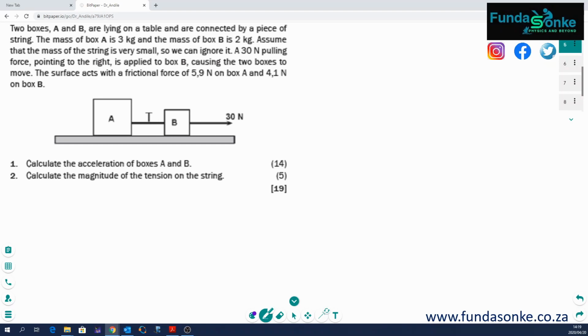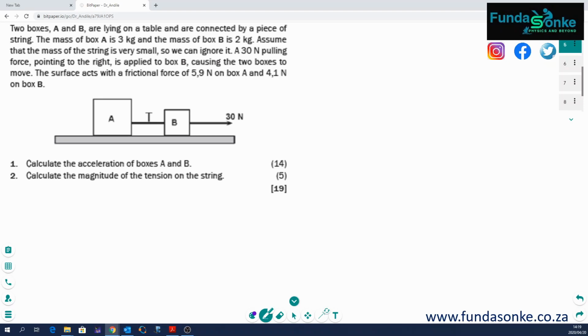A 30 Newton pulling force pointing on the right is applied to box B, causing the two boxes to move. The surface acts with a friction force of 5.9 newtons on box A and 4.1 newtons on box B. Calculate the acceleration of boxes A and B.